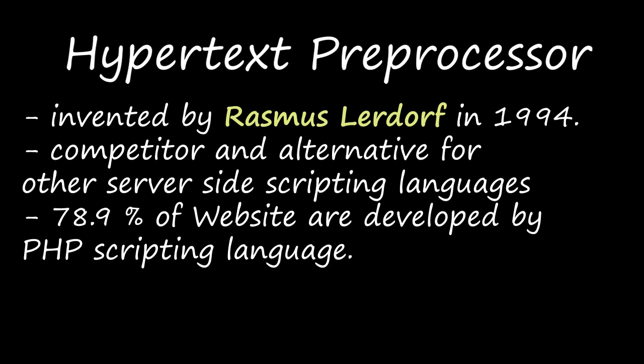It is a competitor and alternative for other server-side scripting languages like Microsoft ASP and JSP. ASP means Active Server Page. JSP is Java Server Page. In a recent survey, they found that the PHP scripting language was used all around the world for creating web pages.